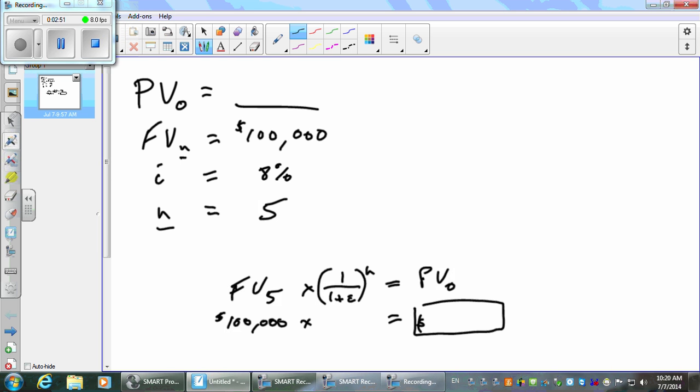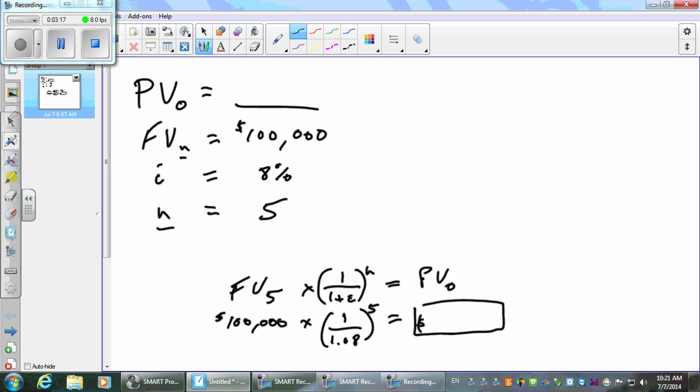You know that from your grade school math classes. So 1 over 1 plus 8%, raised to 5 periods. This isn't magic, guys. I am taking interest out, compounded 5 periods, discounting it for 5 periods, reversing the process, at 8% interest.